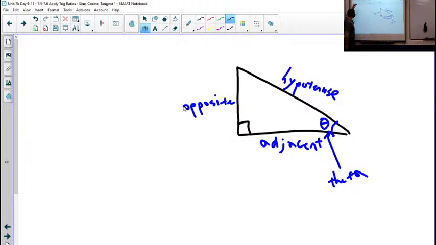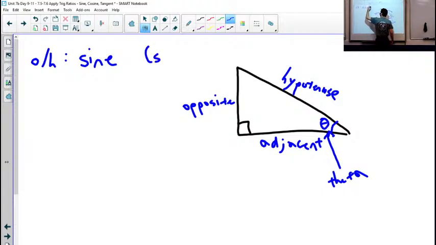So if I'm comparing the opposite and the hypotenuse with each other, that's going to be called sine. It's spelled S-I-N-E. And each of these are going to be abbreviated with the first three letters. So sine is going to be abbreviated like this.